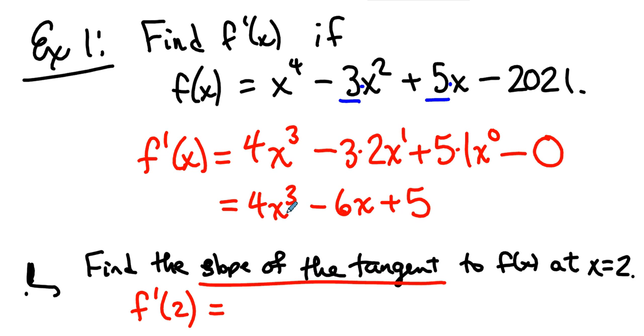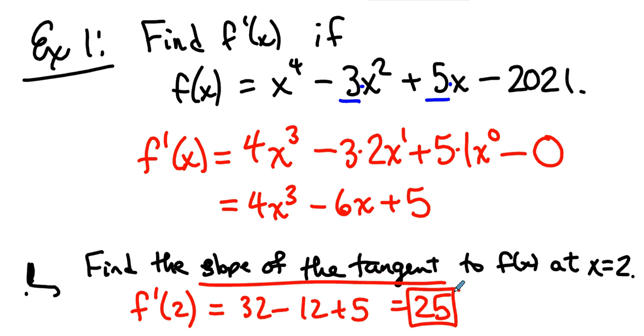Well, that's 2 to the third, that's 8, times 4 is 32, 6 twos are 12, so this is 25. If we were to draw the line that ever so gently hits this curve just once at x equals 2, that line would have a slope of 25. This is how we use the power rule, and how we use this lesson to find slopes of tangents.